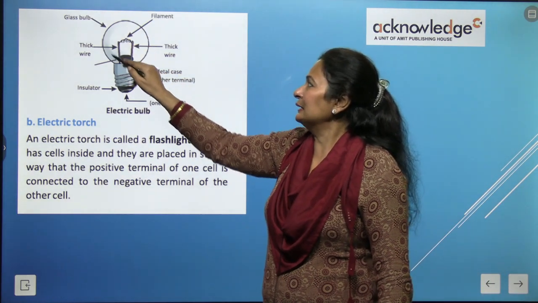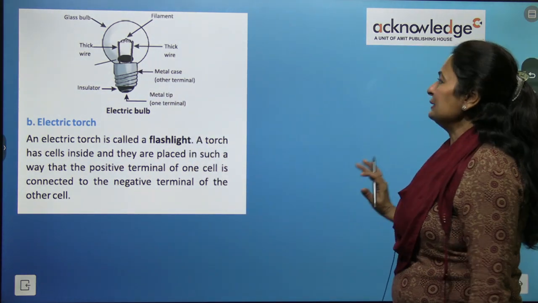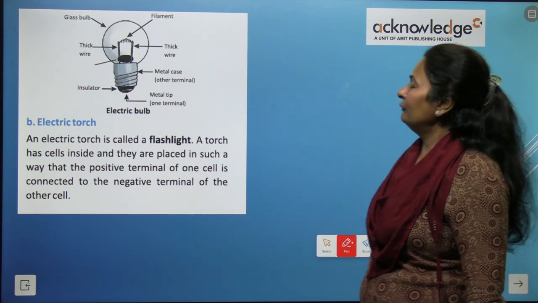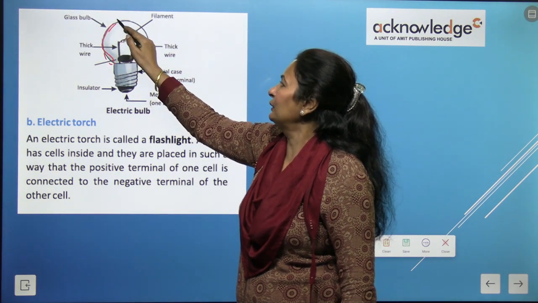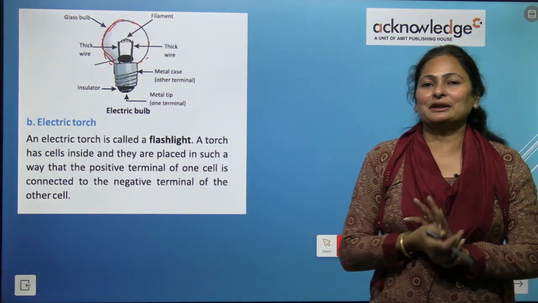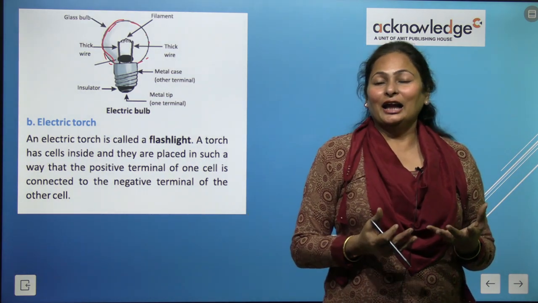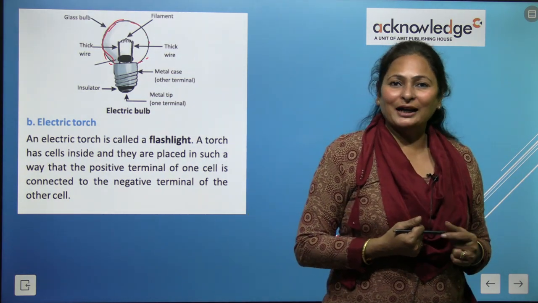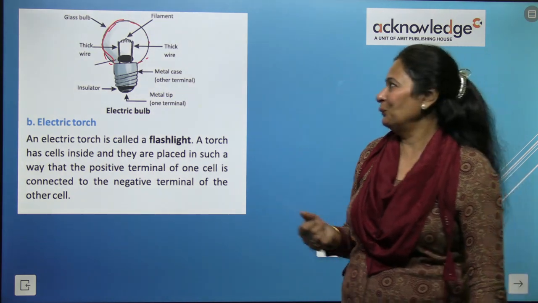So this is the glass bulb, right? It is covered with a glass bulb. It is transparent glass because transparent objects only allow the light to pass through them. So now you know why it is made with glass only.